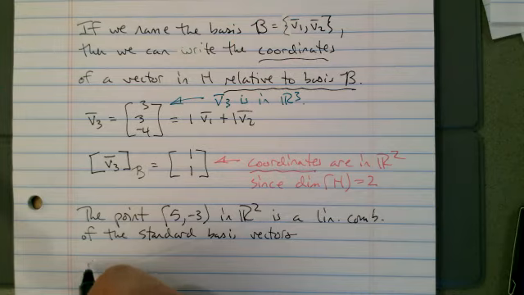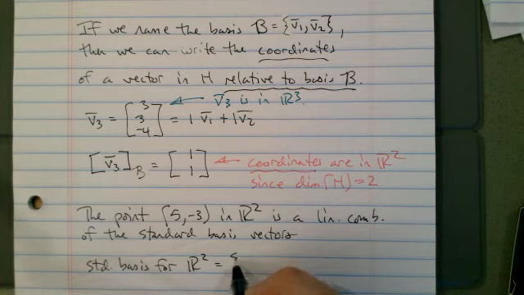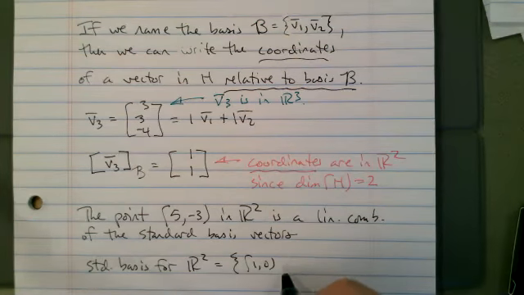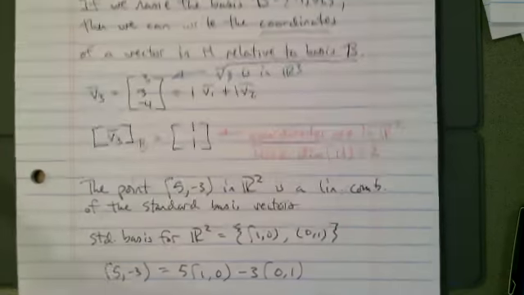The standard basis for R2 is 1, 0 and 0, 1. And this vector 5, negative 3, those coordinates say take 5 of the first vector minus 3 times the second vector. It's a linear combination of those vectors.